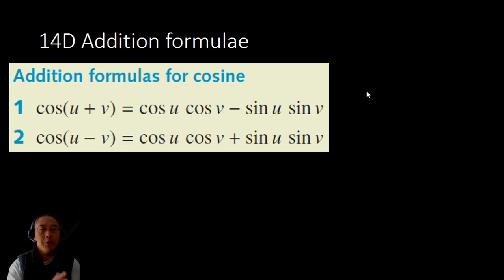Combined with your exact values, once you expand this formula to those expressions, if you know the exact values assigned to u and v, for example, let's say 60 and 30 degrees, then you can evaluate in exact form without a calculator. So it's about using those formulas and your algebraic skills to simplify and get an exact answer.